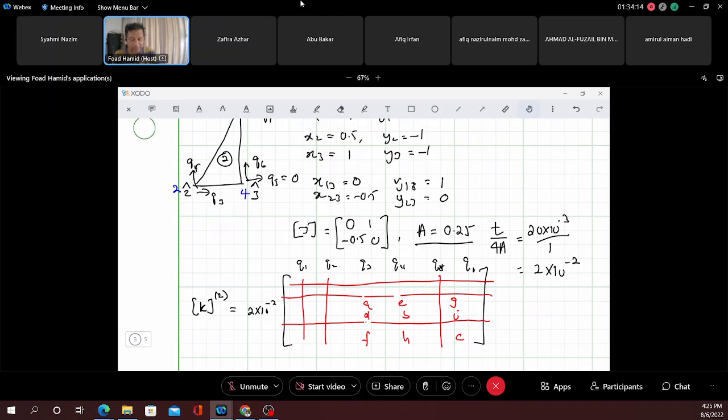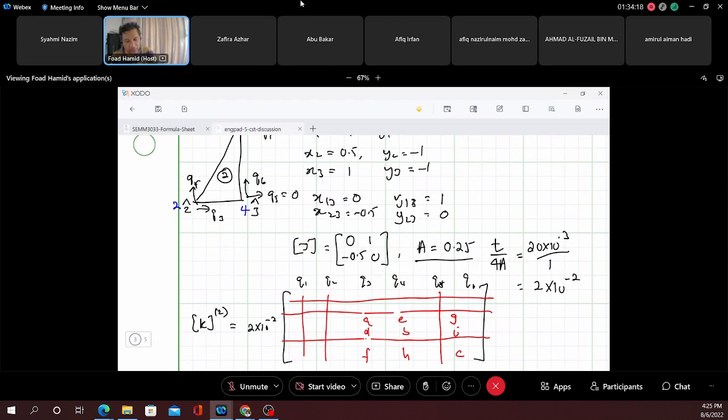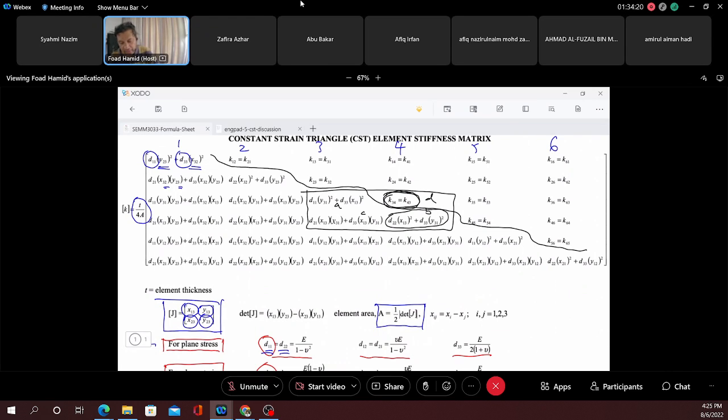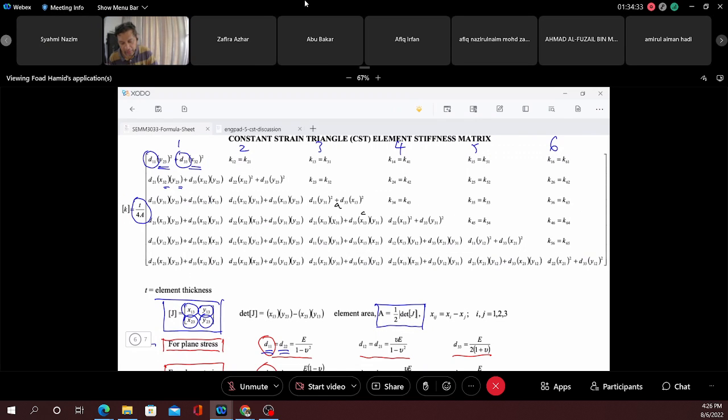Okay, now back to the formula, and we know that we are interested to find, let me do this again. Let me delete all this because we do not need all this. Okay, so what we want to do is remember that our degrees of freedom, we are not going to use this and this because for element 2, these are zeros.